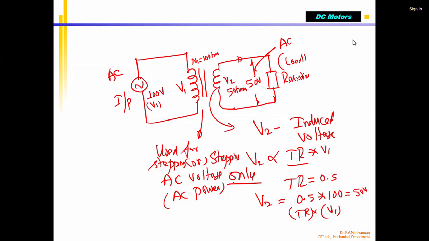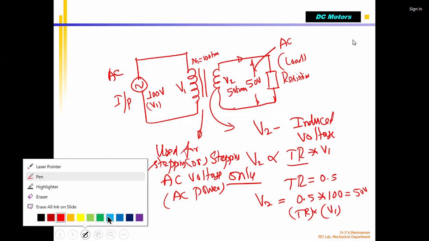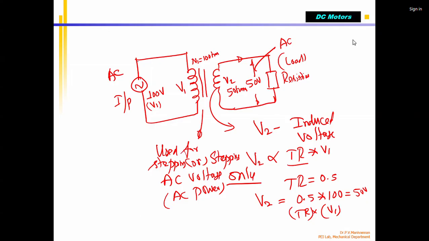You cannot connect a DC power at the primary. DC power is represented by plus and minus of a battery, VDC. You should not connect it. If you connect this, you are short circuiting the DC voltage, and the transformer may burn your DC battery.